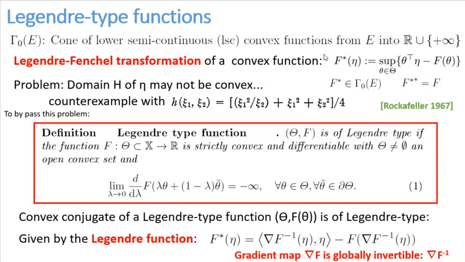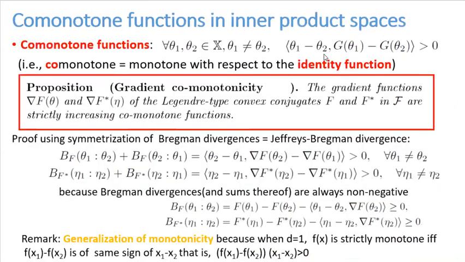So we want nice functions so that if we have f and we take the Legendre transform, we have f star, which is also of the same type. The right way to define it is to define the Legendre type function by this condition. I'm not going to read it, but basically, if we have this nice class of Legendre type functions, then the convex conjugate is written with this Legendre transform, and we have the gradient map Nabla-F, which is globally invertible, and it is smooth.